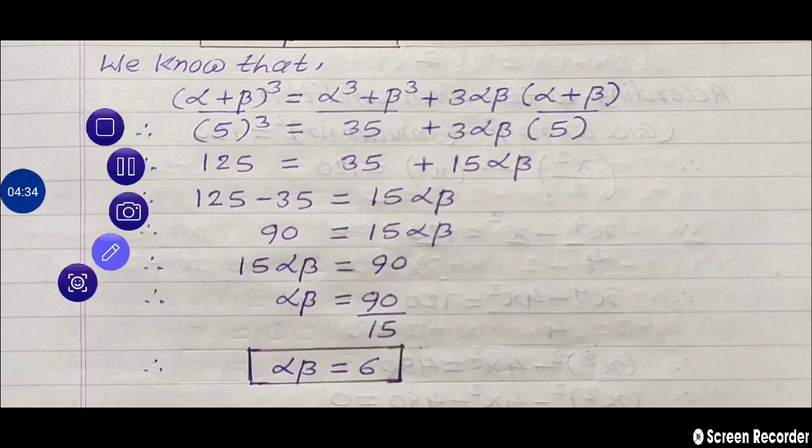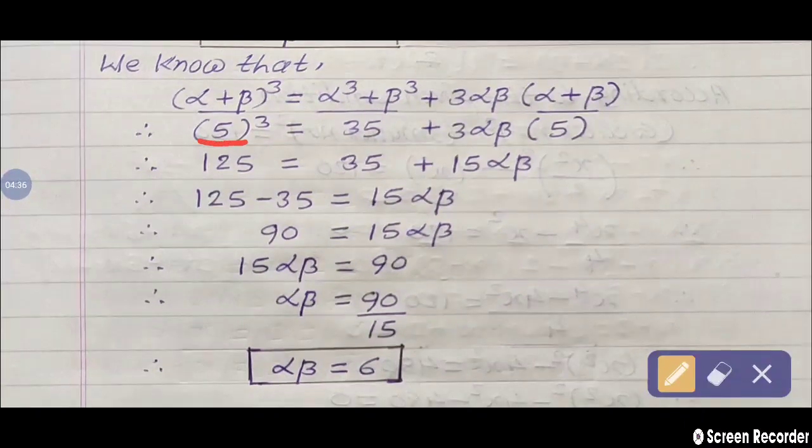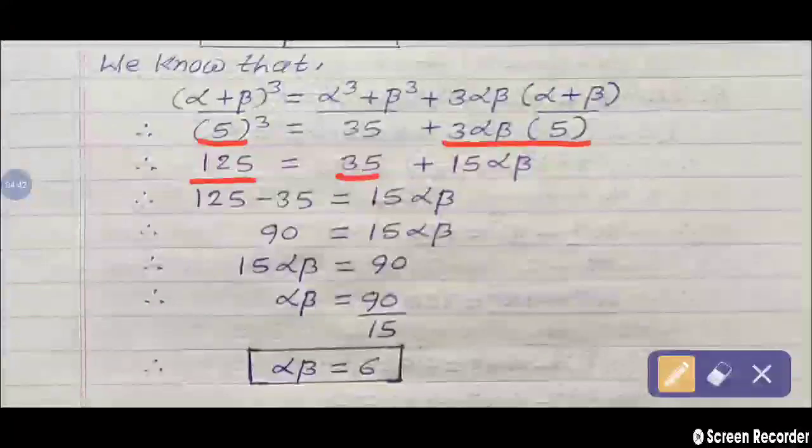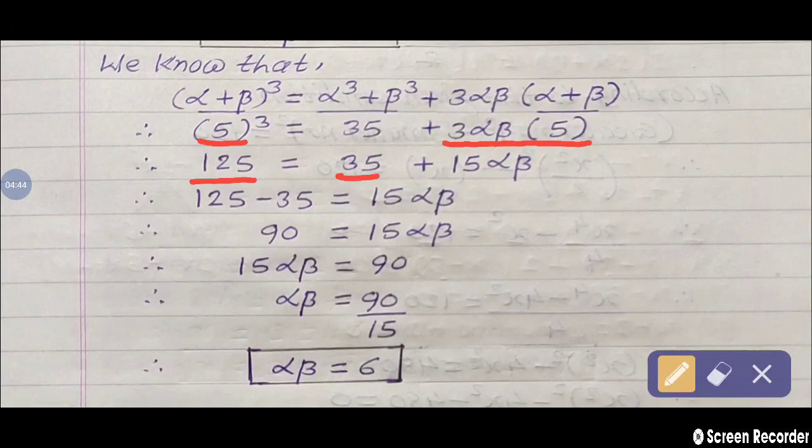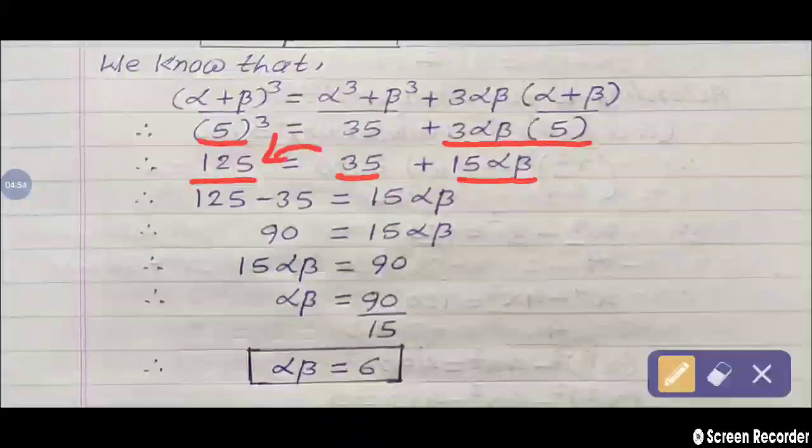Now check: 5 cube is 125, is equal to 35 plus 5 multiplied by 3, which is 15 alpha beta. This 35 is added on the right hand side, so take it to the left hand side and subtract it from 125.